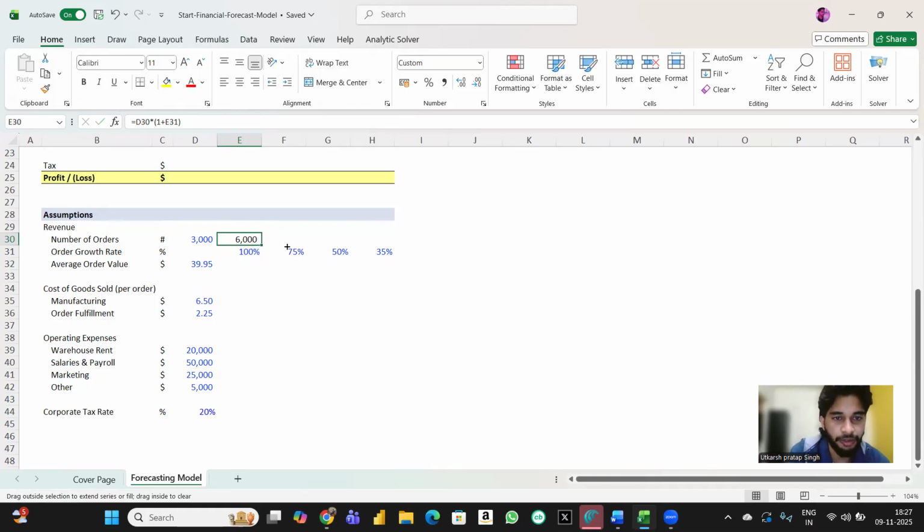When we drag this from here to here, we can see what the number of orders will be if the order growth rate is given. This way we can calculate the number of orders for each particular year.